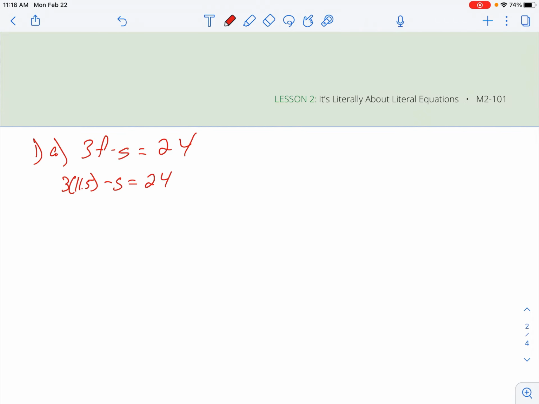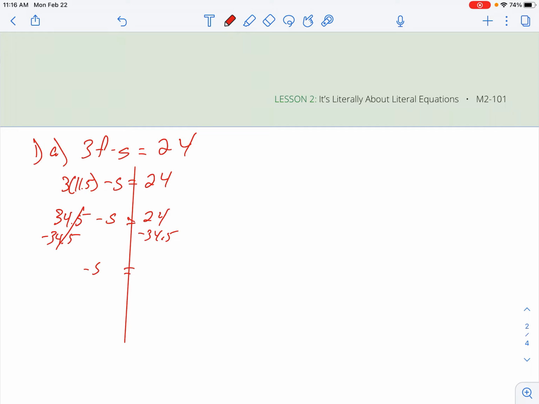So let's go to our calculator and punch in 11.5 times 3, which gives me 34.5, minus S. I'm solving for S here because that's going to give me my shoe size. So I'm going to subtract 34.5 from both sides. Those cancel.